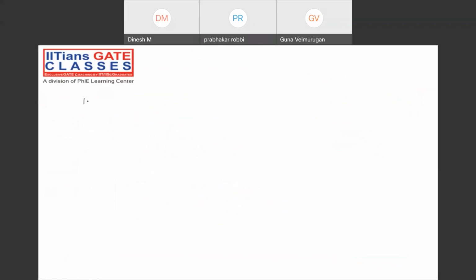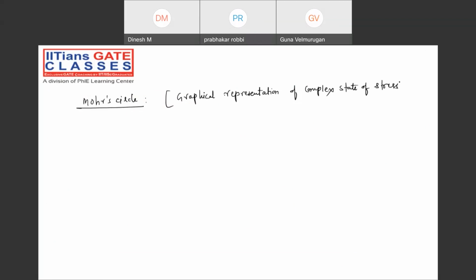Just note down: Mohr circle is a graphical representation of complex state of stress. The graphical representation of complex state of stress is called the Mohr circle. Very, very important, guys.